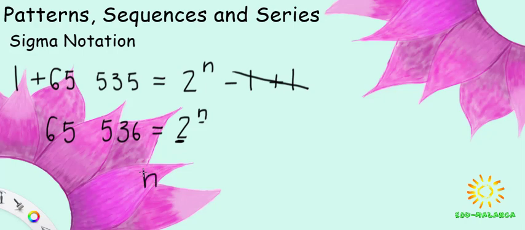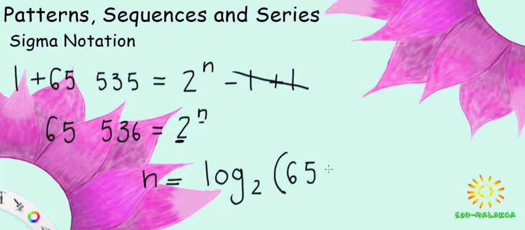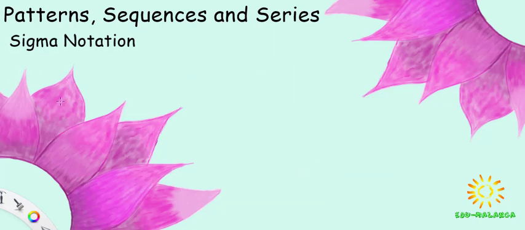You have that n is equal to log to the base of 2, because the base is 2 again, of 65,536. If you put this into your calculator, the answer that you will get is that n is equal to 16. And so there you have it.